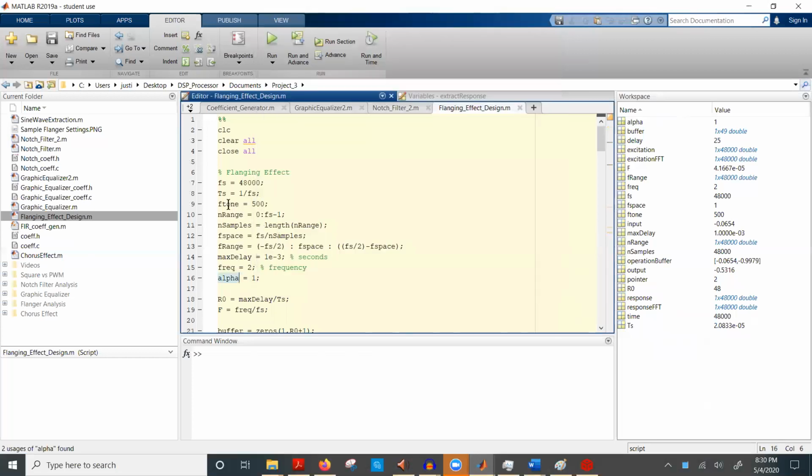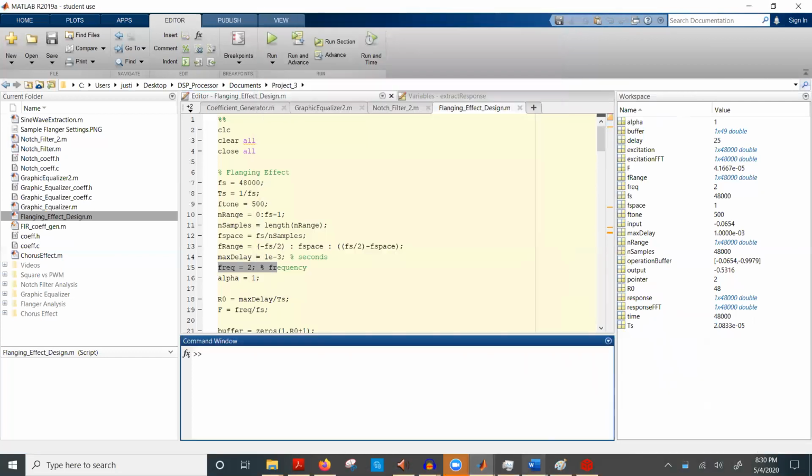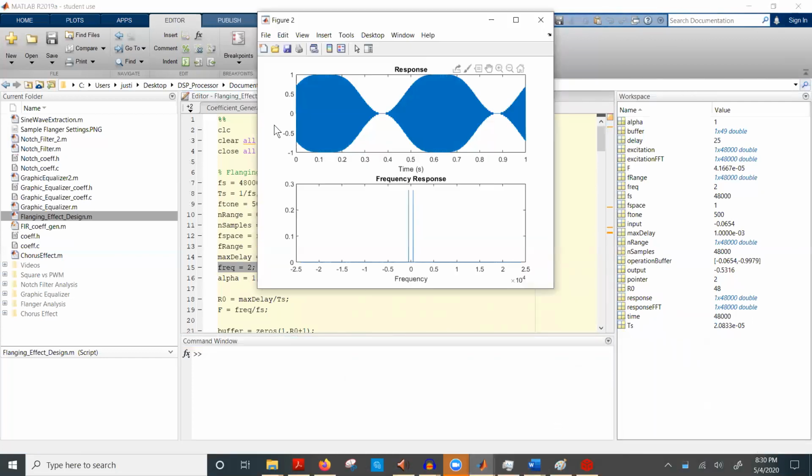So if my tone is 500 hertz, but my flanging frequency is 2, then this becomes a signal with a frequency of 2. So you can see in 1 second it does 2 oscillations. And then this is the 500 signal riding inside of it.